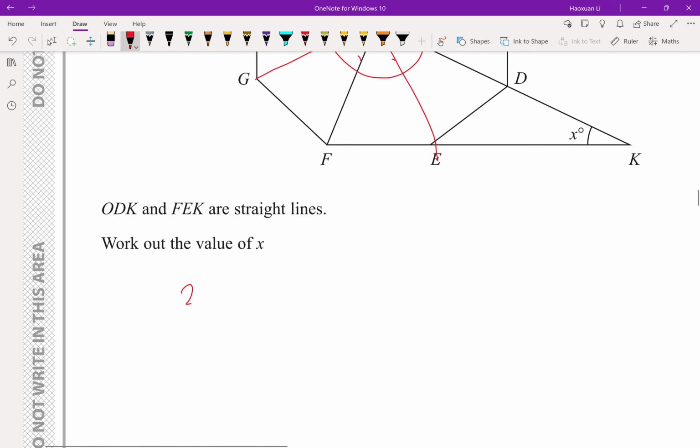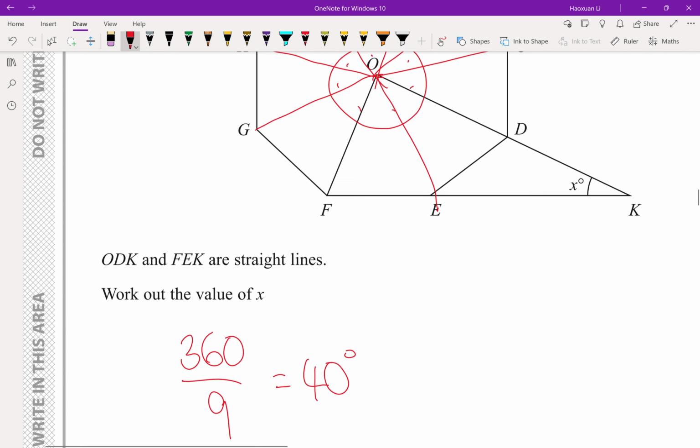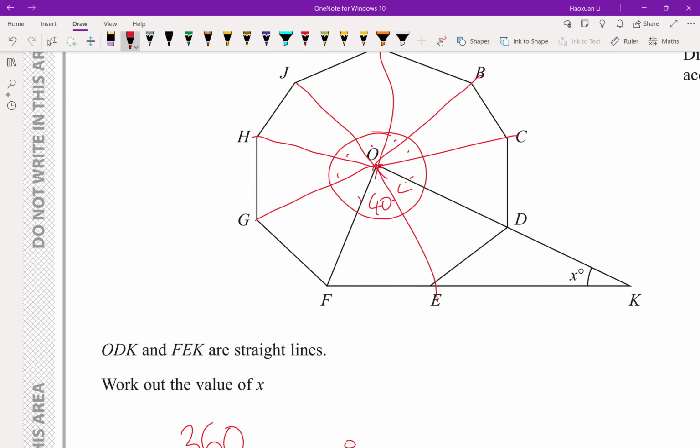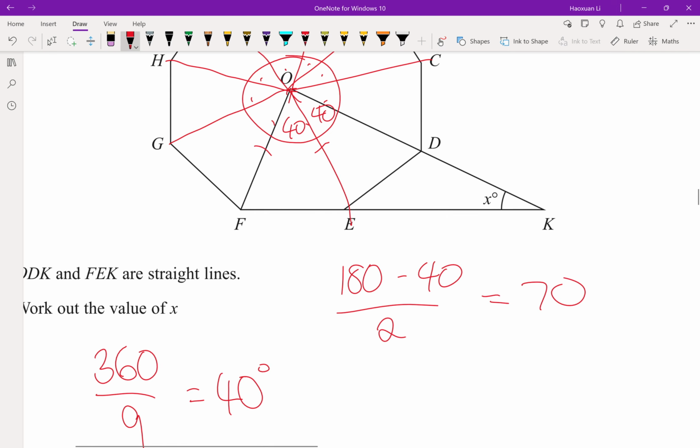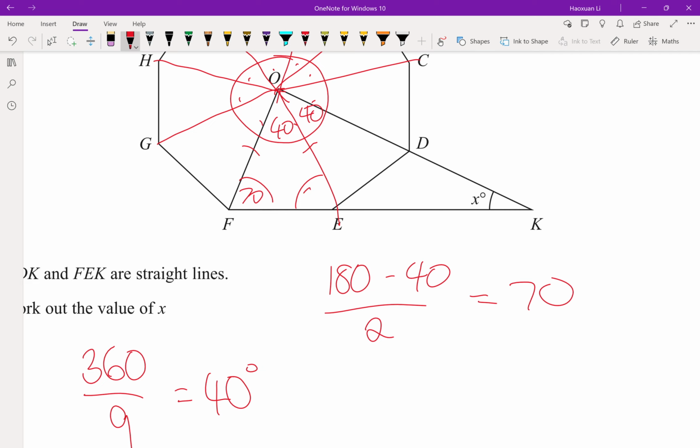There are 9 pieces. 360 divided by 9 is 40 degrees. So each of them is 40. These two lines are the same, so 180 minus 40 divided by 2 is 70. So here's 70, here's 70, here's 70, here's 70.